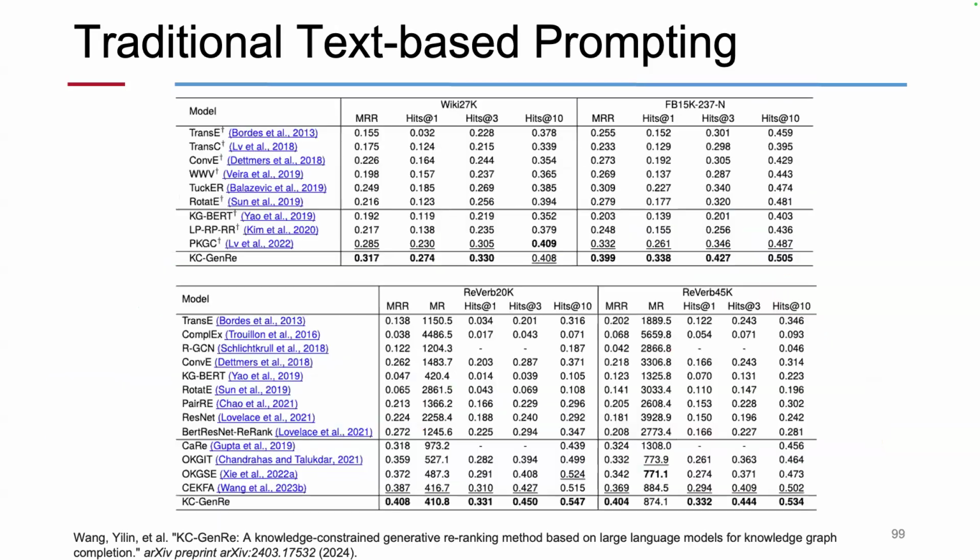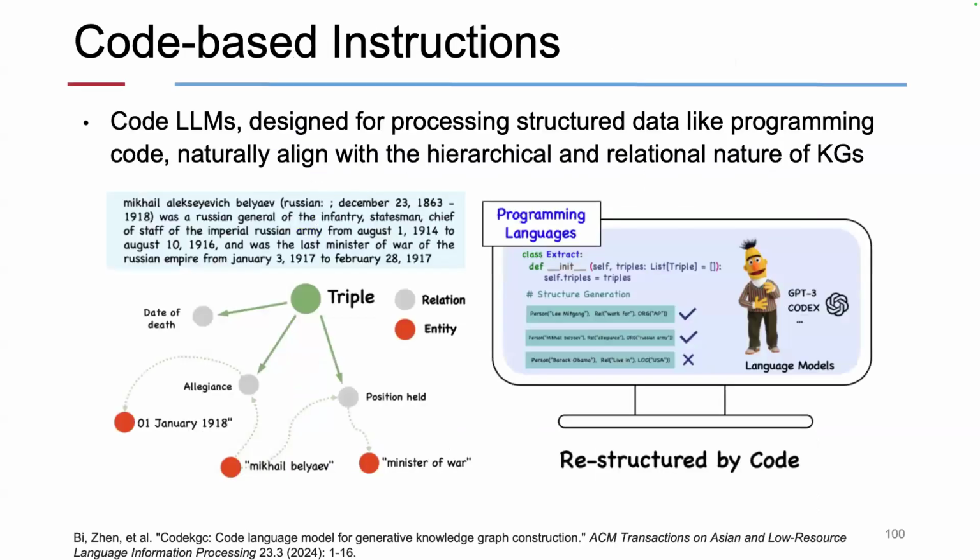And then they compare this KG generation based model, to do the relation prediction, with a lot of knowledge graph embedding methods, and showed that they got better performance in the triplet completion, knowledge completion kind of prediction, right?